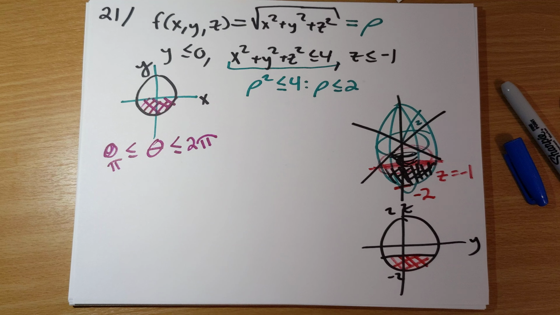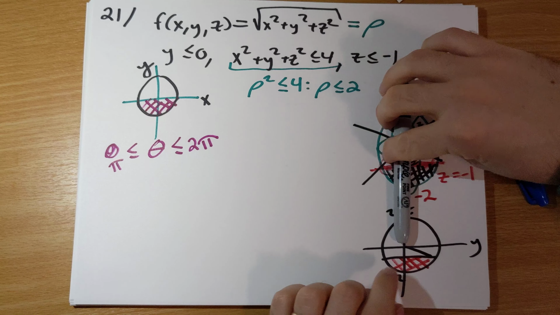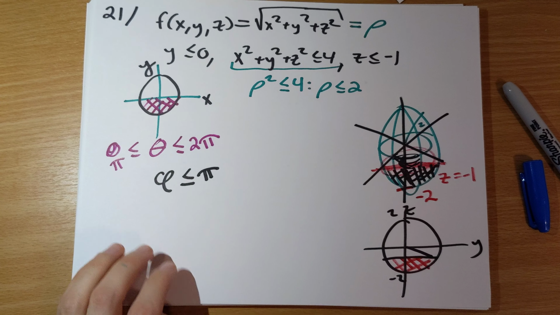Well, this is hinting towards information concerning phi. First off, remember phi is the angle you are from the positive z-axis. This is phi equal to 0. This is phi equal to pi over 2. This is phi equal to pi. The biggest phi can be is pi.